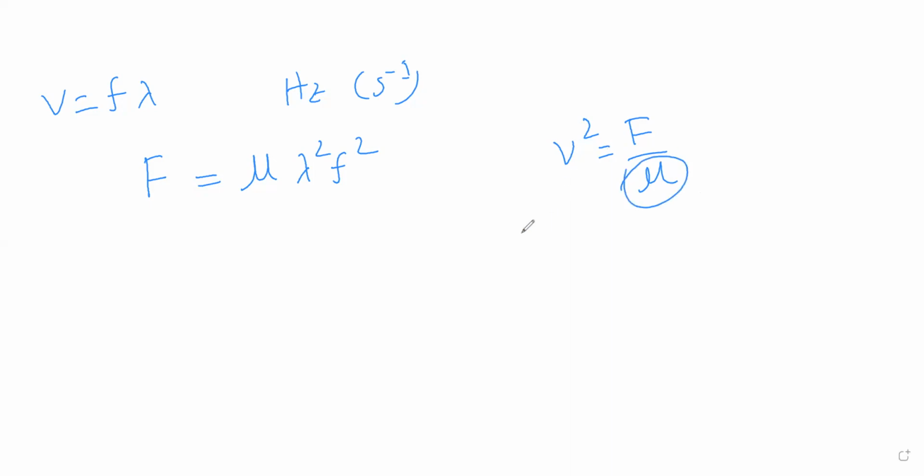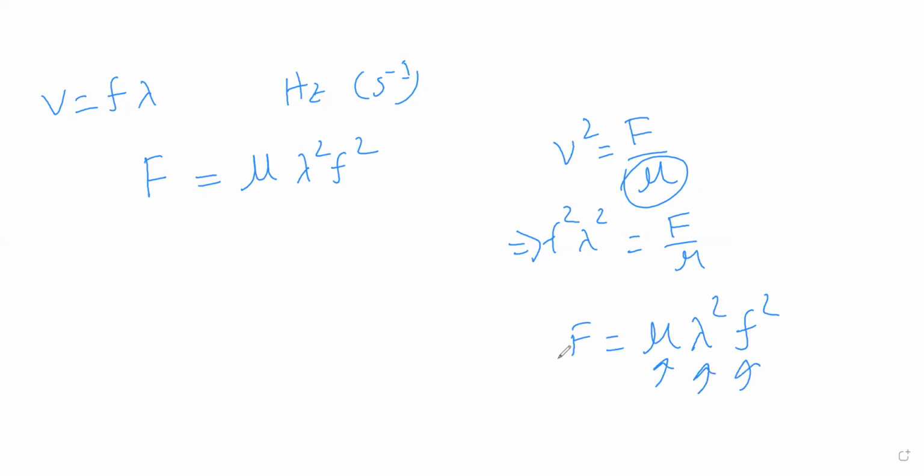We know V equal to f lambda, so f square lambda square equals F over mu. We multiply mu on both sides, so F equals mu lambda square f square. Now if the linear density, wavelength and frequency are given, you can easily find the tension on the wire.